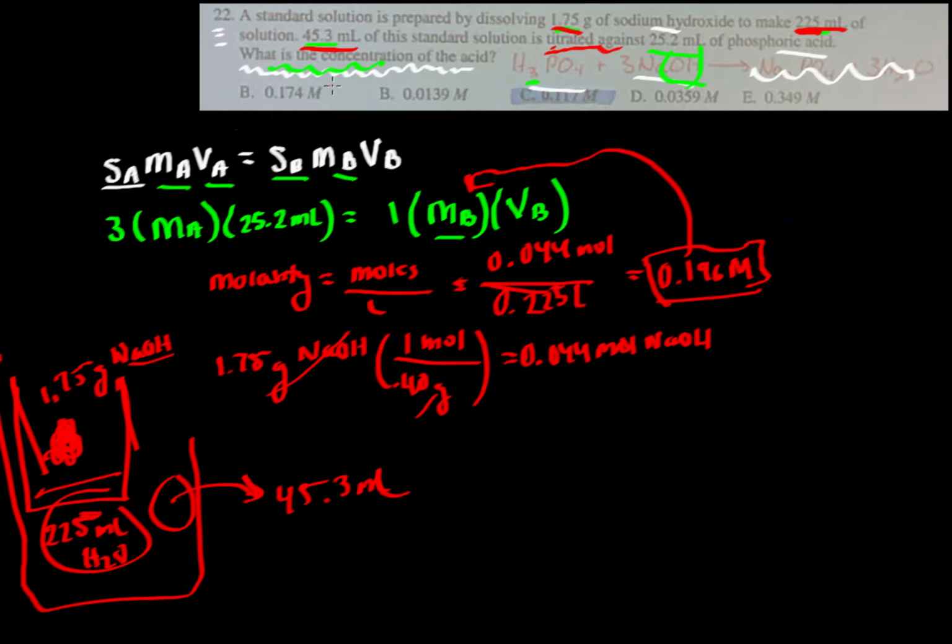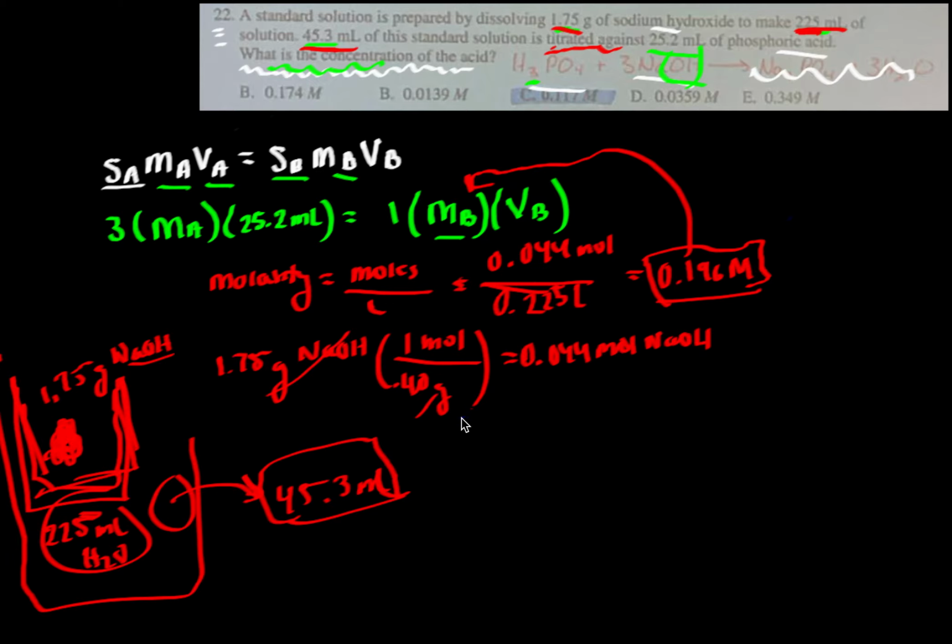So 45.3 milliliters of our sodium hydroxide solution was used to titrate the acid. This is the volume we're going to use. Now we have everything we need to write out our equation.